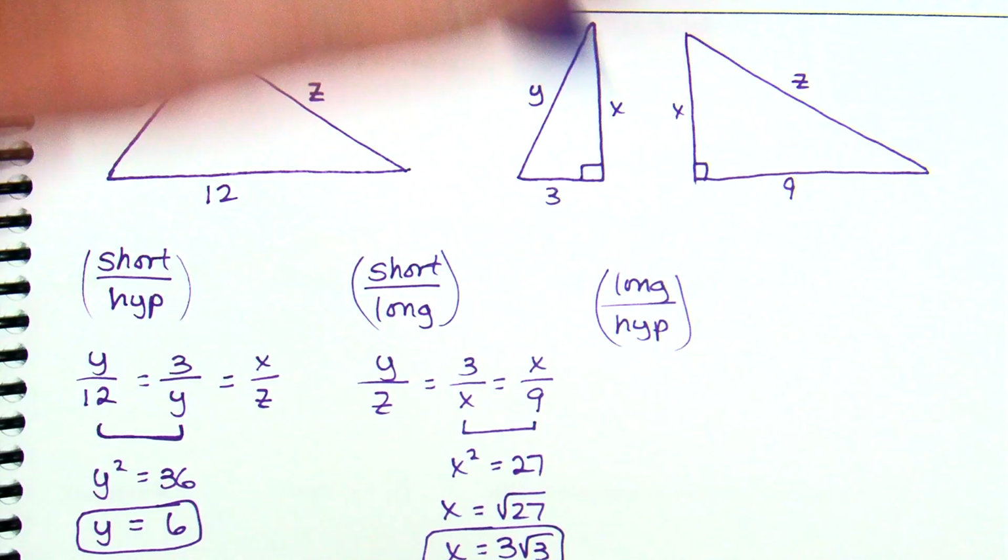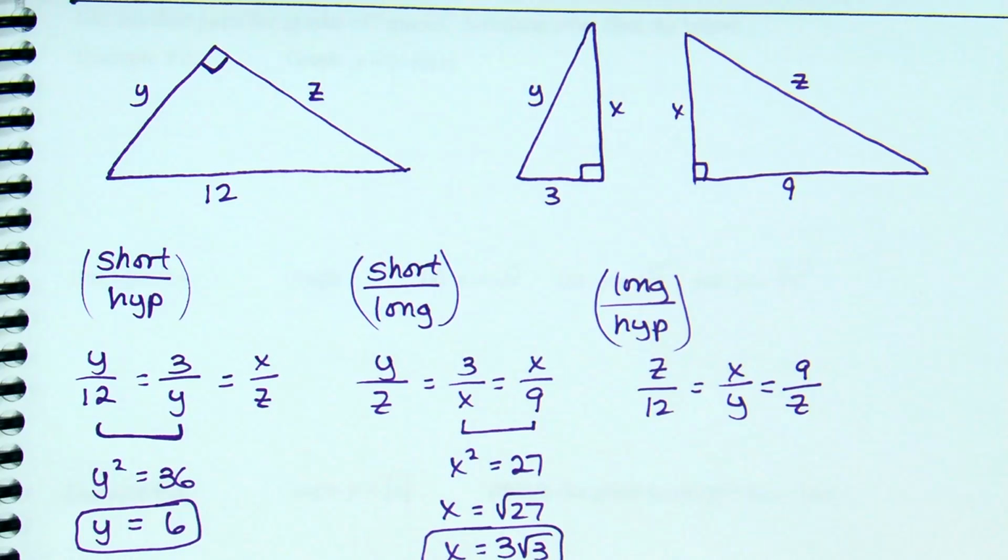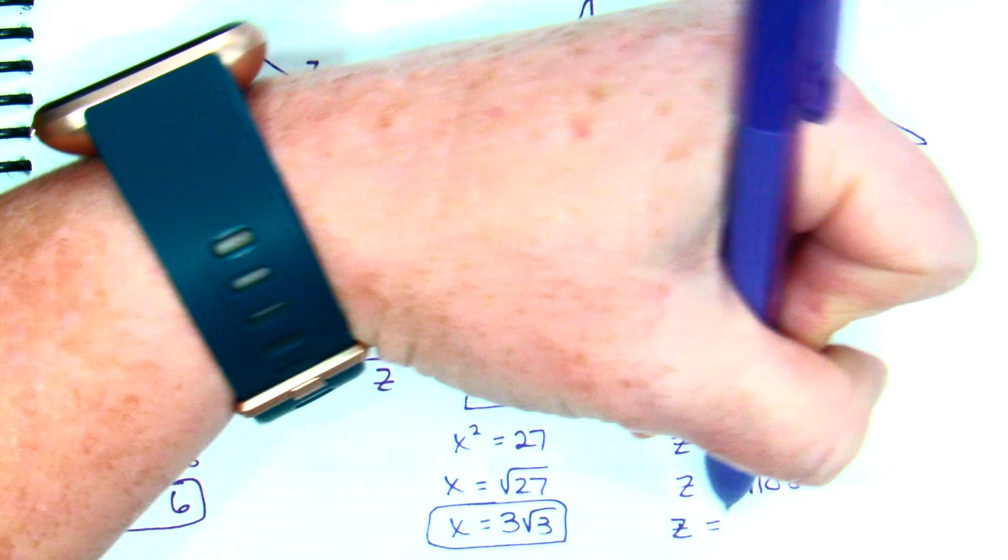Well, this time, I'm going to ignore the x over y, aren't I? And so then you're looking at z over 12, 9 over z. z squared is 108. So z is the square root of 108. That's the easy part. What is it? 6 square root of 3. 36, that's what it is.